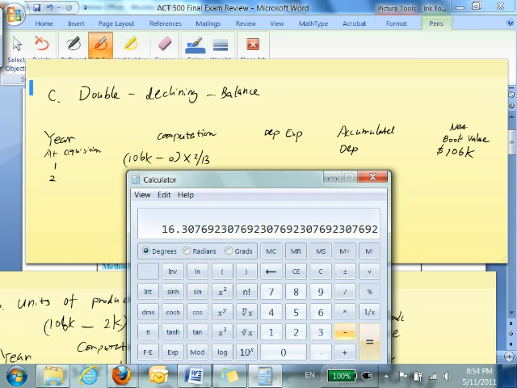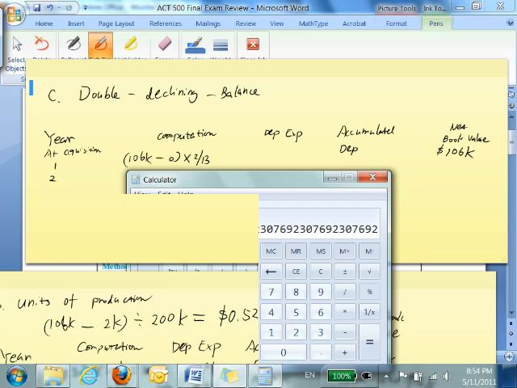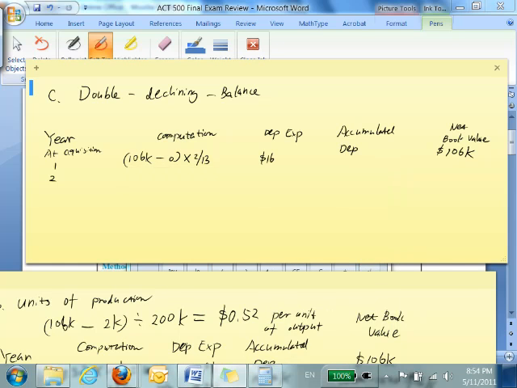Times 2 divided by 13, we get 16,308 depreciation expense.